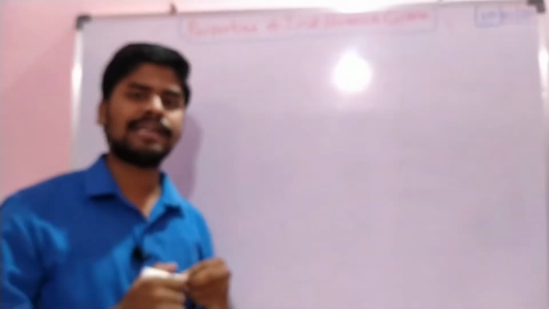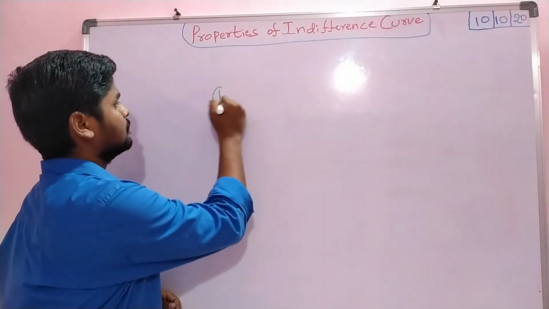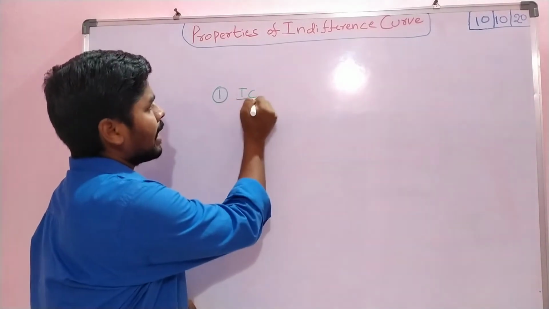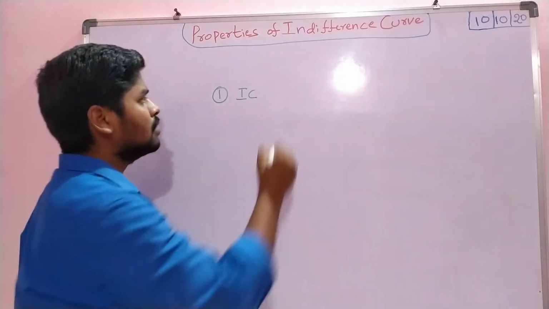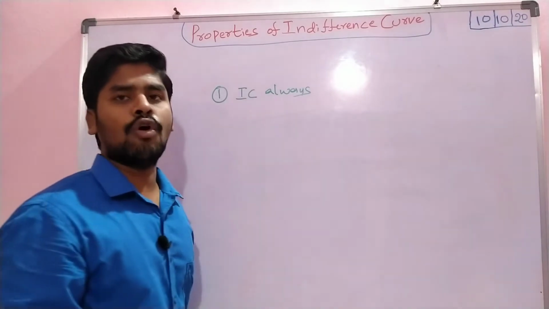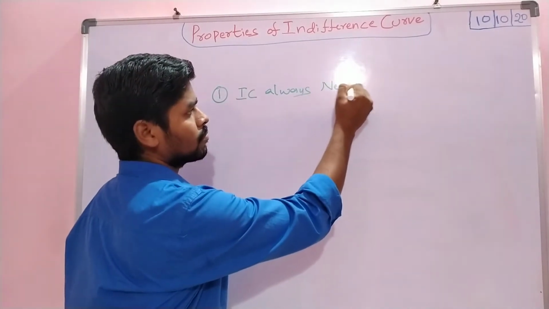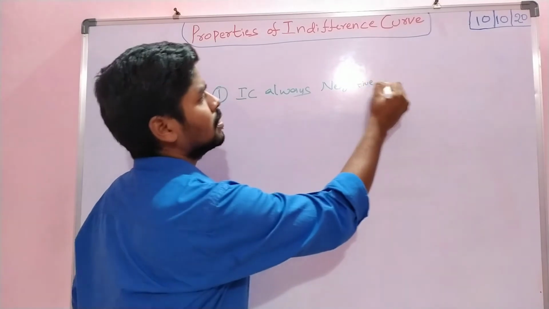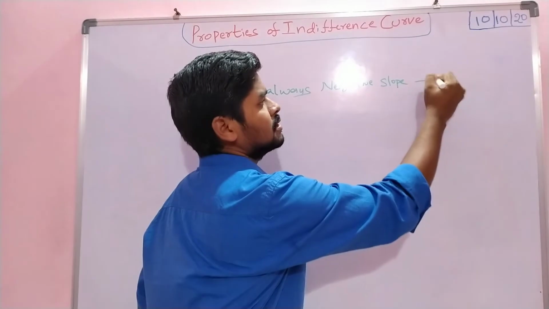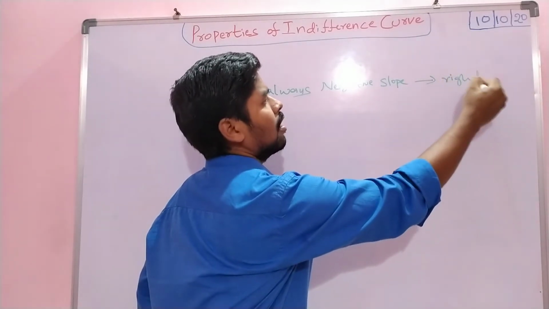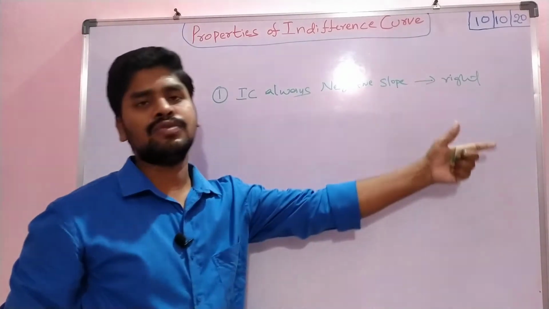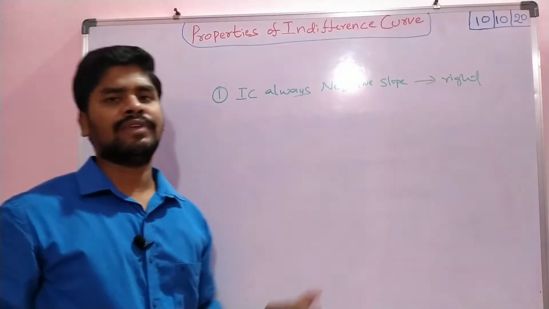The first indifference curve property is that the IC always has a negative slope, towards the right or downward. Indifference curve always slopes negatively towards the right. That is the downward slope of the indifference curve.